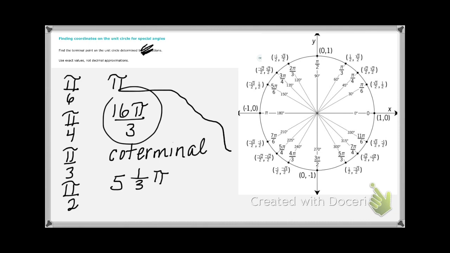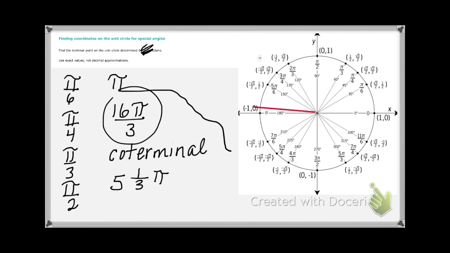And then watch how I'm going to find the coterminal angle here. Let's go ahead and get an initial side of the angle here. So here I am, over on the right side of the unit circle, and if I rotate around the circle, halfway around, that's pi.